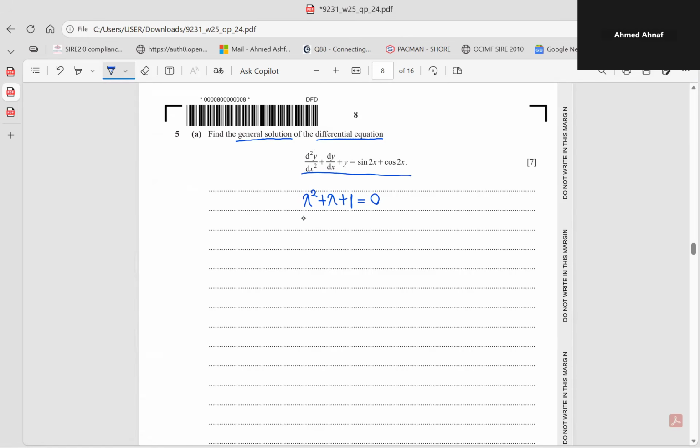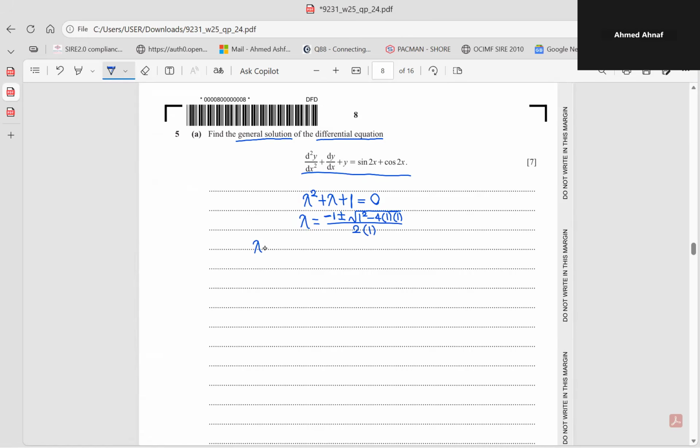And now you just solve for lambda. So I'm going to use the quadratic formula in here. So minus b is minus 1 plus minus square root of b squared. So b squared is 1 squared minus 4 times a times c, over 2 times 1.